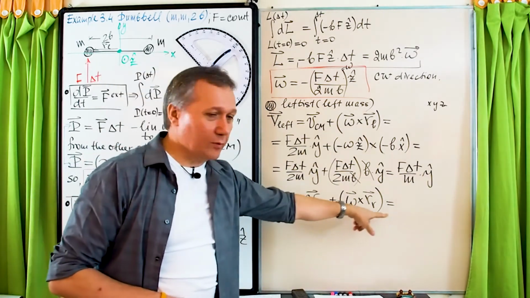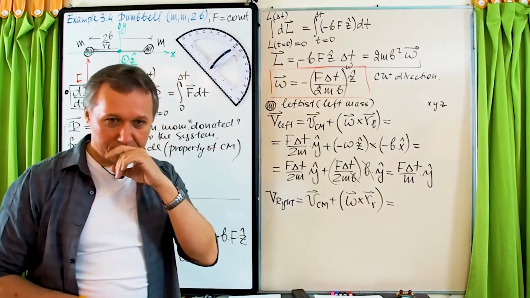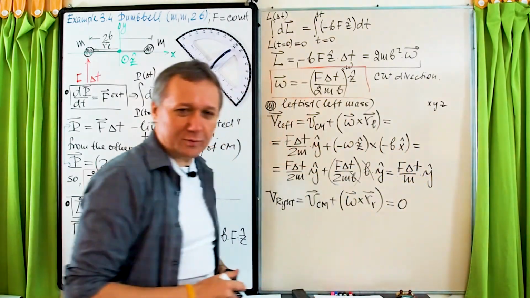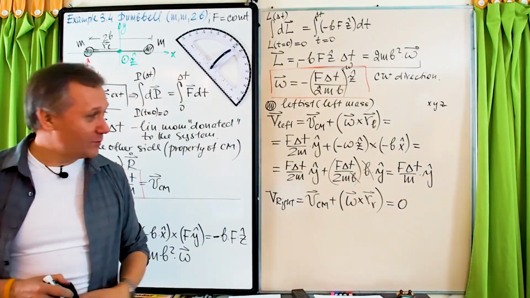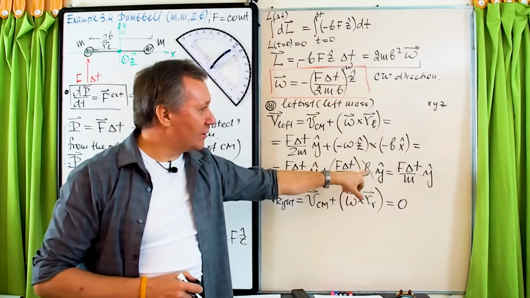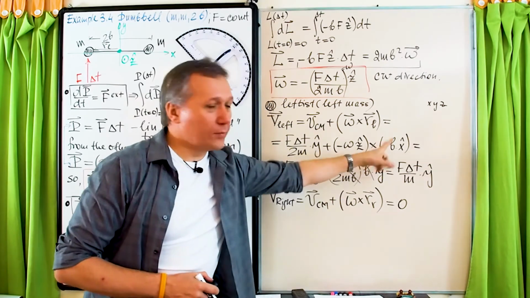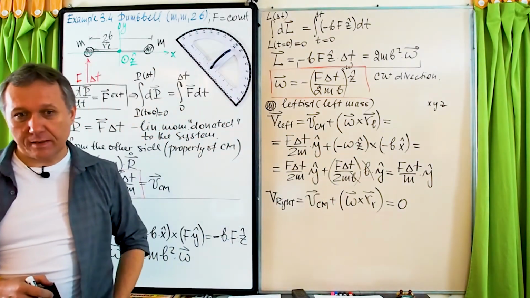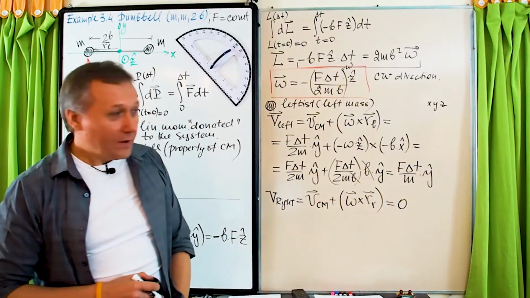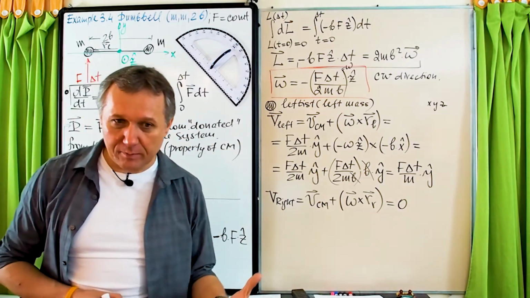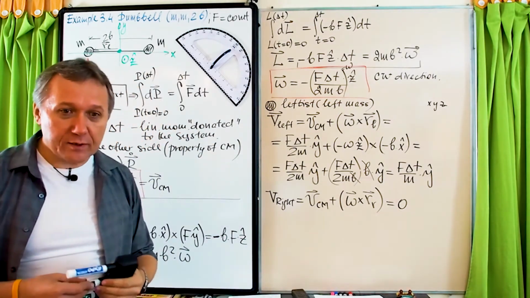So over here, we will end up with 0. I just decided to skip it, because it will be exactly the same, except here we'll have plus bx hat.